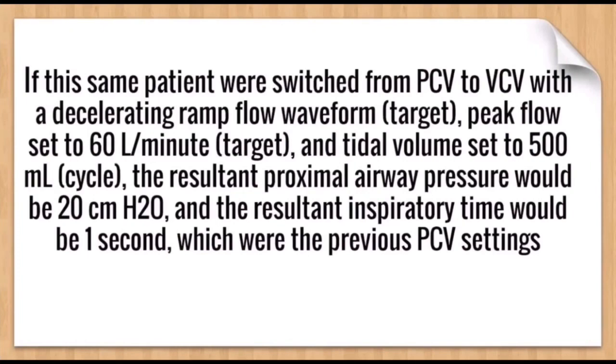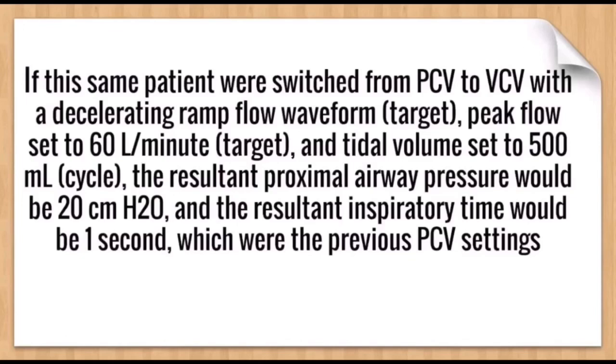Now if this same patient were switched from pressure control ventilation to volume control ventilation with a decelerating ramp flow waveform, peak flow set to 60 liters per minute, that is the target, and tidal volume set to 500 ml, that is the cycle, the resultant proximal airway pressure would be 20 centimeters of water and the resultant inspiratory time would be 1 second, which were the previous pressure control ventilation settings.